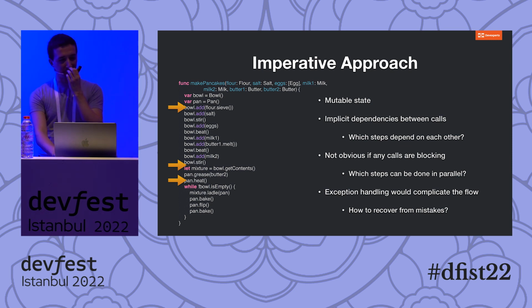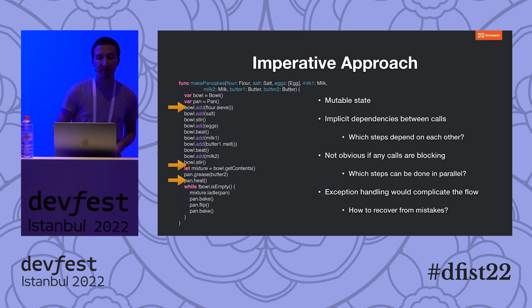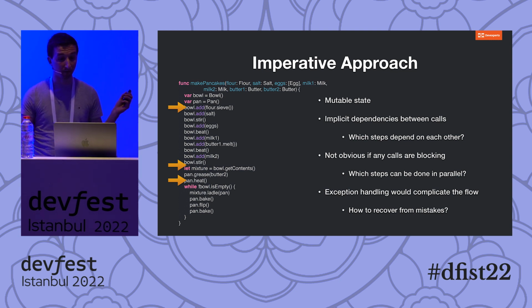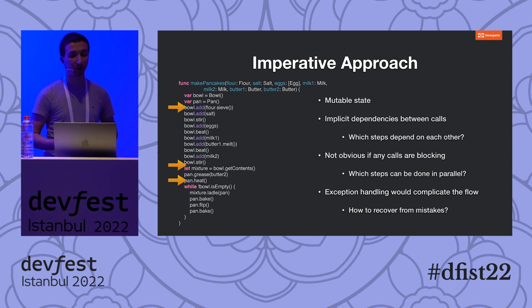But there are a few problems here. First, we have mutable state. And if we're going to do testing, this might make it a bit difficult for us. There are also some implicit dependencies between the steps. So the question is, are there any steps that we can actually do in parallel, and which are those steps?